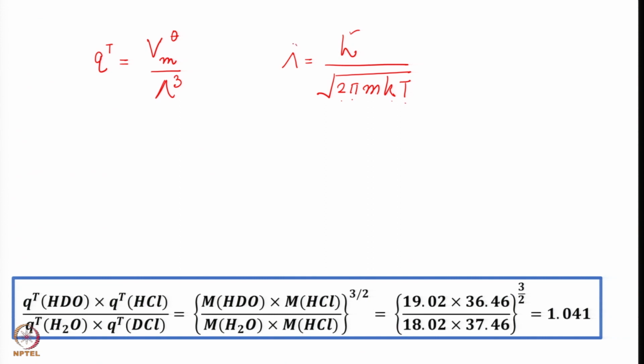That means this lambda is inversely proportional to the square root of m. At a given temperature, lambda is inversely proportional to the square root of m.